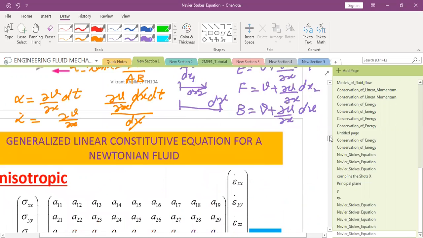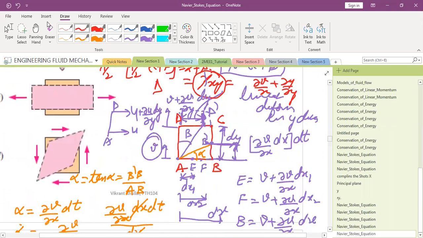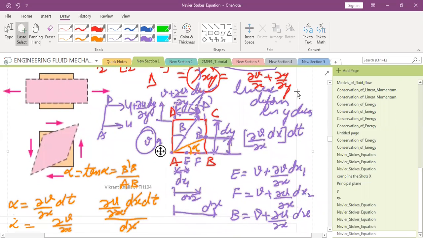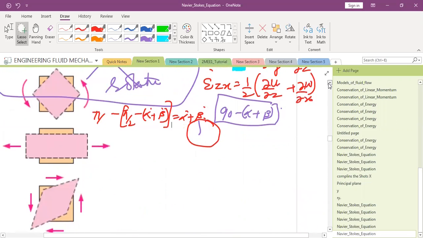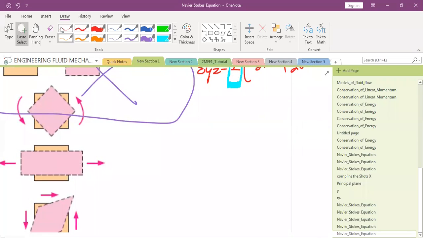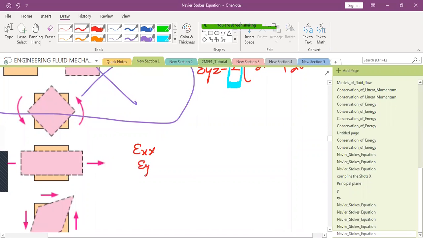So this is what you need to understand. I am summarizing here. In case of angular deformation I have three things, and in case of linear deformation also I have three things. So in case of linear deformation I can write Exx dot, Eyy dot, Ezz dot.